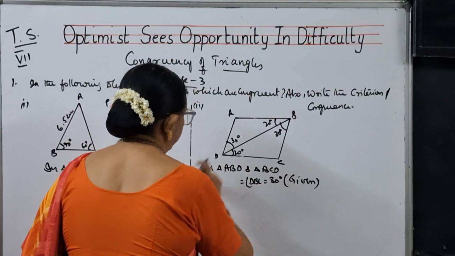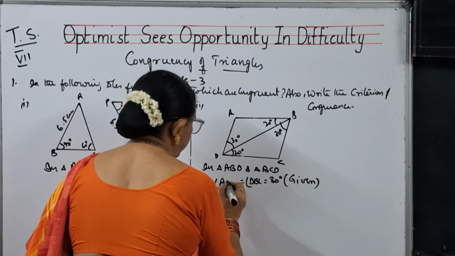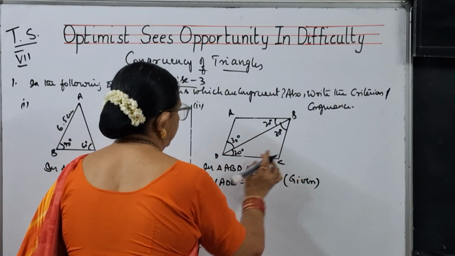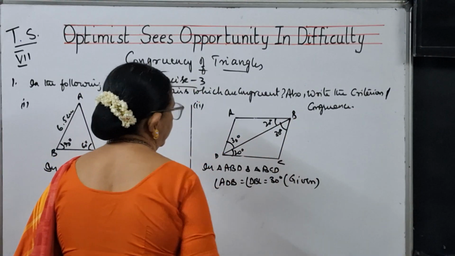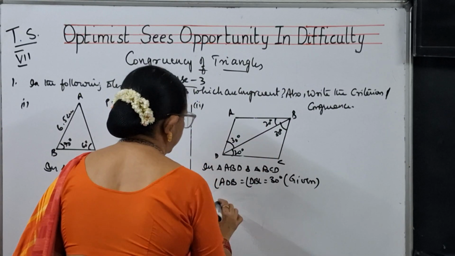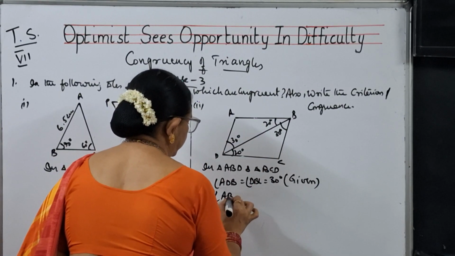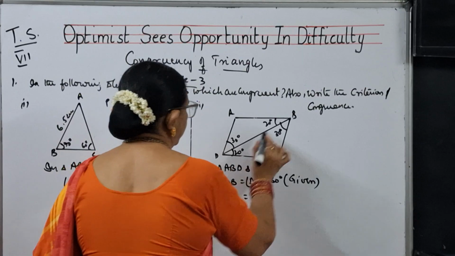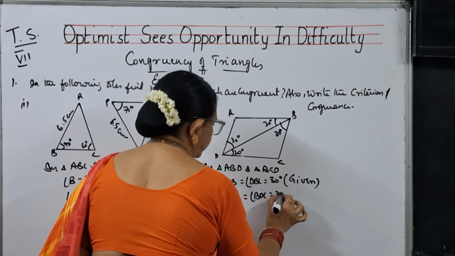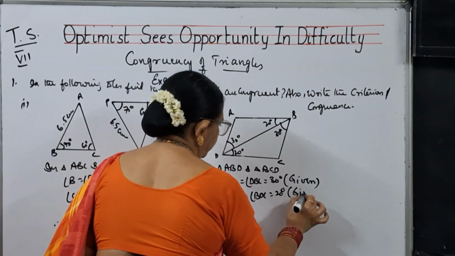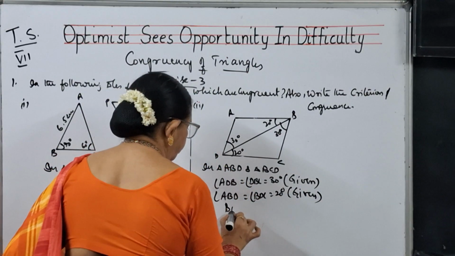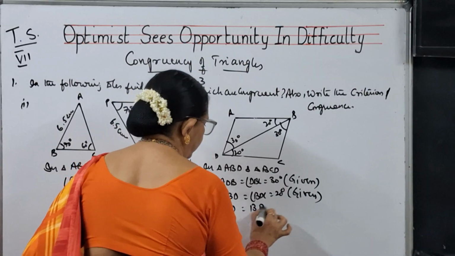Sorry children, the 30 degrees is here. That means angle ADB is equal to angle DBC. Okay. Next, we have got 20 degrees here, 20 degrees here. That means angle ABD is equal to angle BDC, 20 degrees. This is also given to us. Apart from these two, we can say that BD is equal to BD, common.